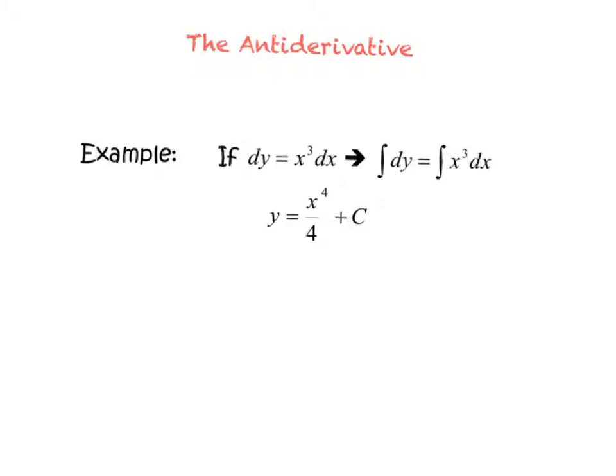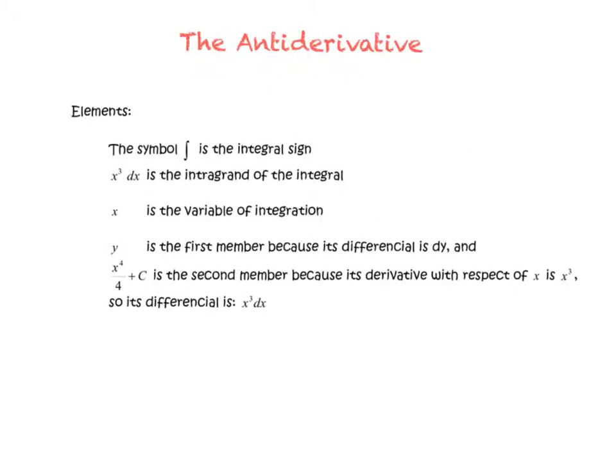So this is an example of a function whose derivative equals x cubed. Now I'm going to show you the elements of this expression. First, we have the symbol for the antiderivative or indefinite integral, which is this symbol, the integral sign. Then we have the integrand, which is x cubed times dx.